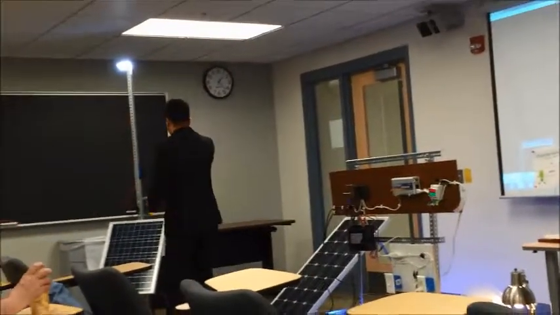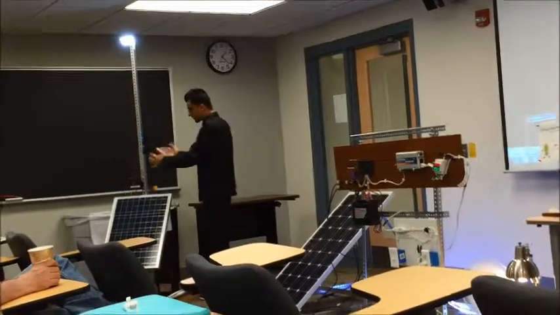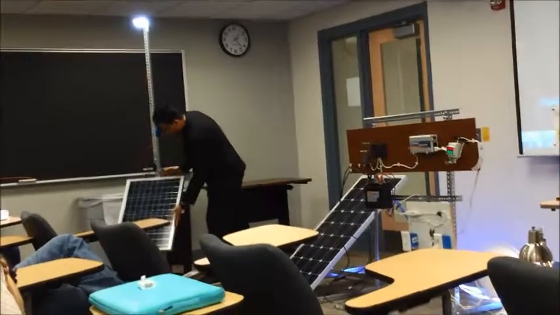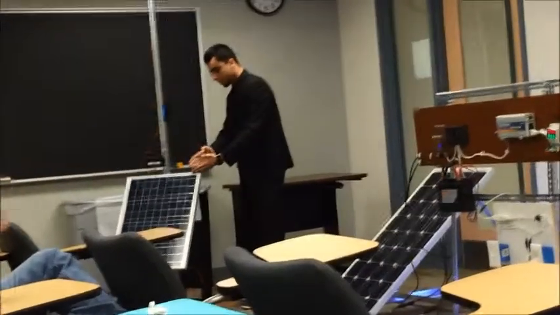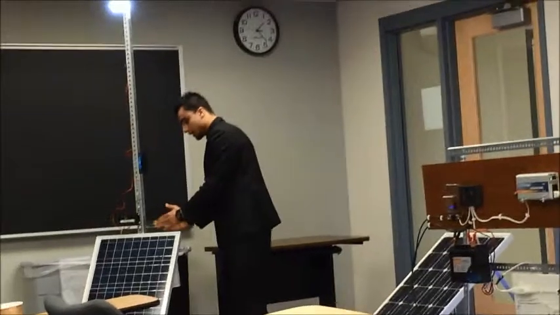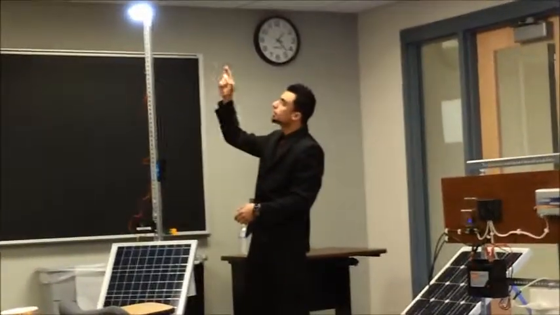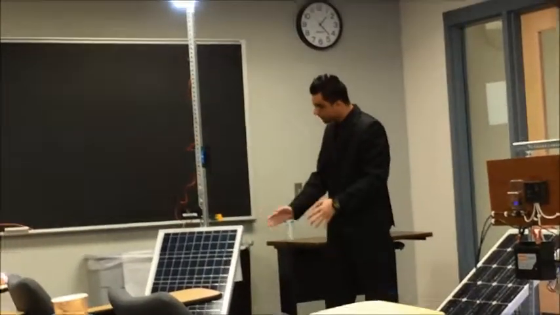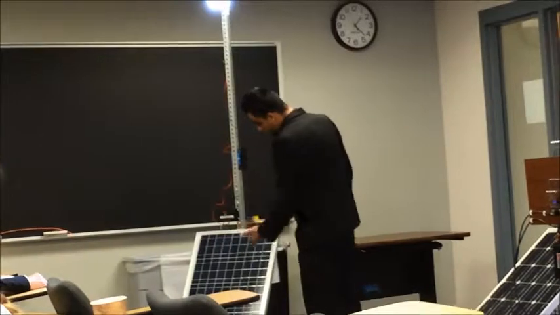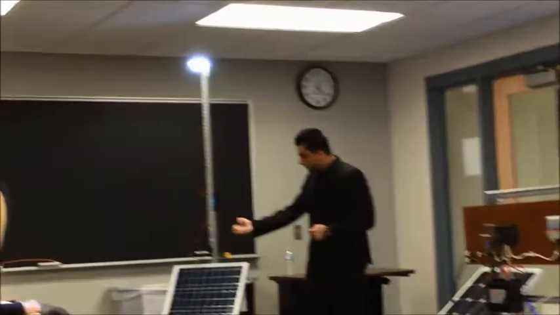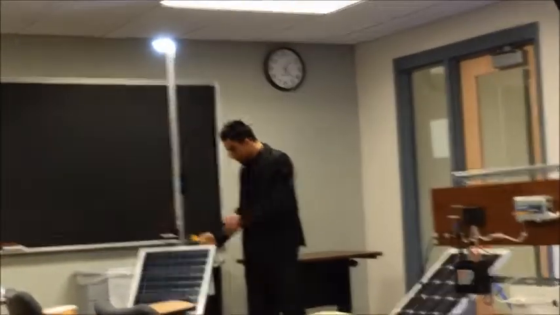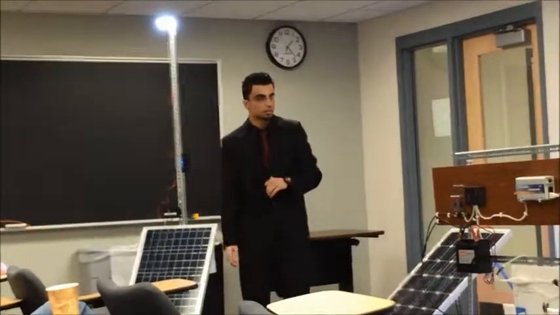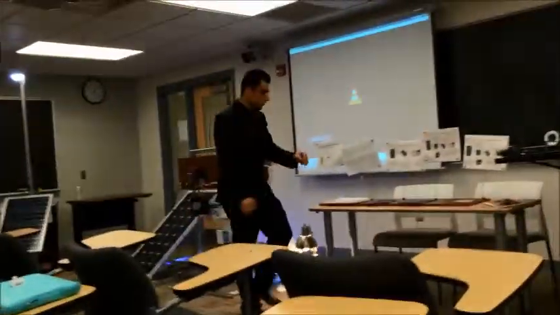I need DC directly. So in this system, the solar panel converts the sunlight to DC electricity, and it will power the load, the light. And we have the battery over here, and this is the charge controller, because we need to organize and regulate the charging and discharging process.